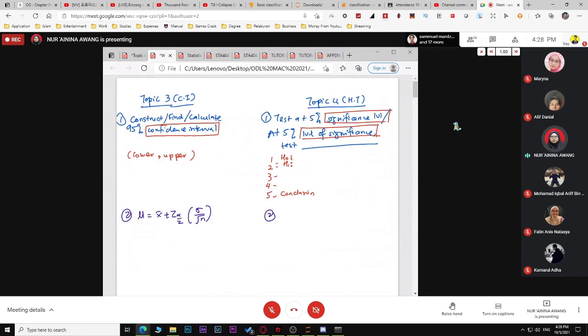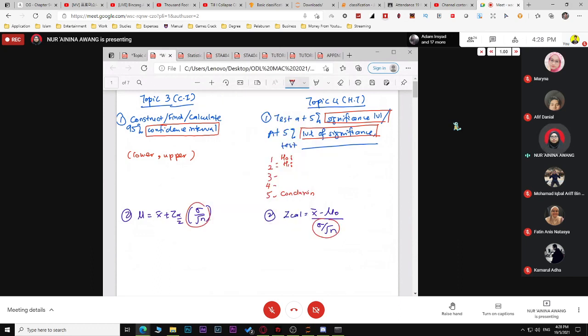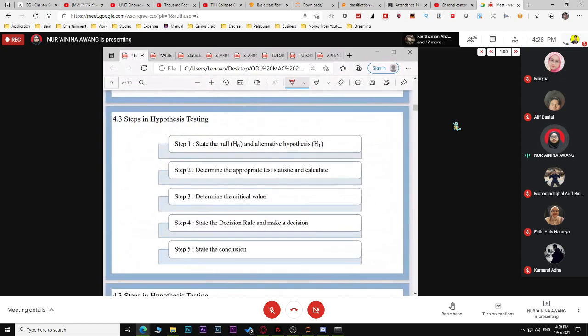But the formula is rearranged a little, and it will look like this. This is still your standard error of the mean. The formula is still the same, only the position differs: it comes after your statistical table, and the value at the bottom is your standard error of the mean. So that is the difference between topic 3 and topic 4.